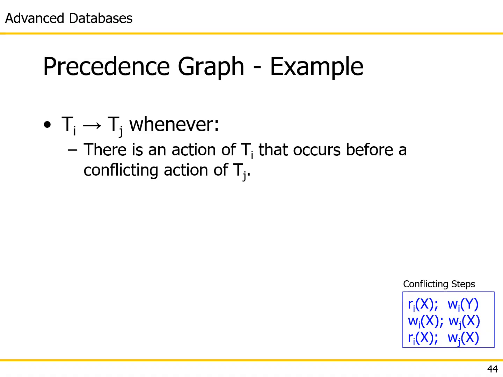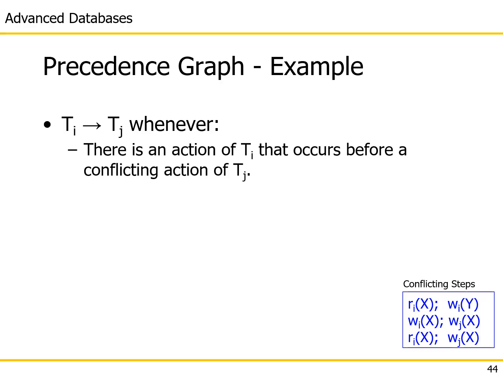So this implies there is an action of Ti, or transaction I, that occurs before a conflicting action of transaction J. The way this works is that we are going to look at a schedule and find the conflicting steps. When we see a conflicting step, we know that we cannot change its order.